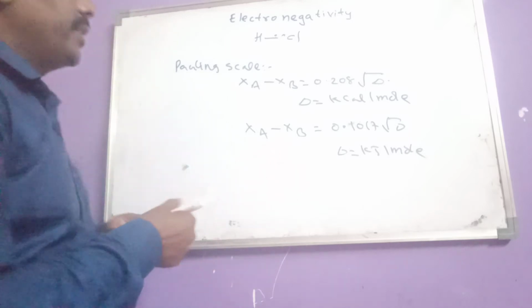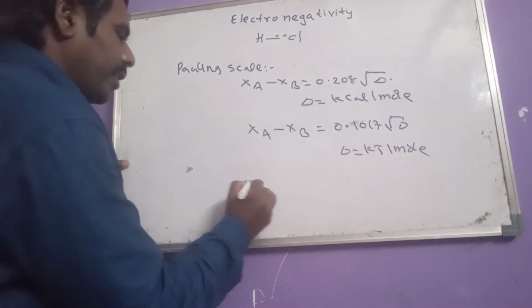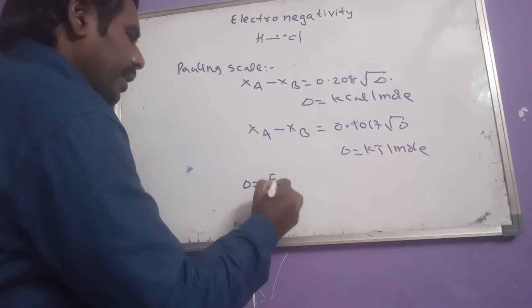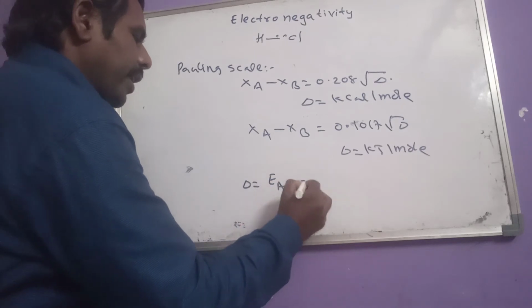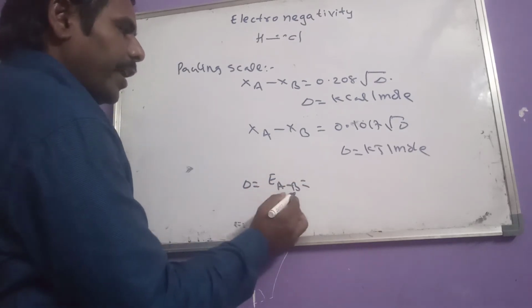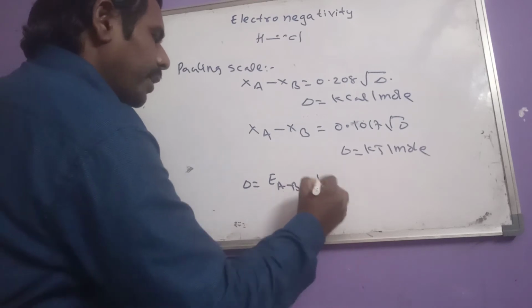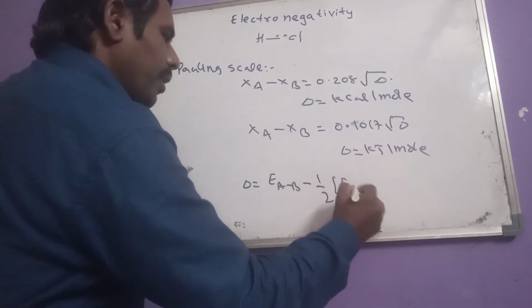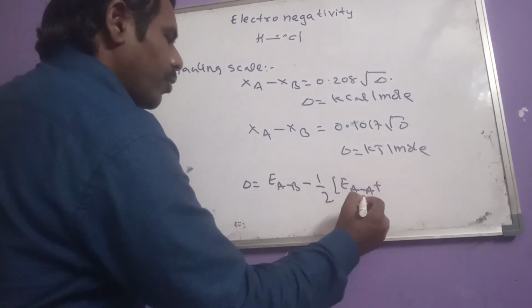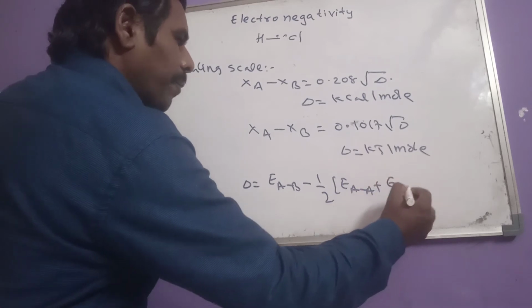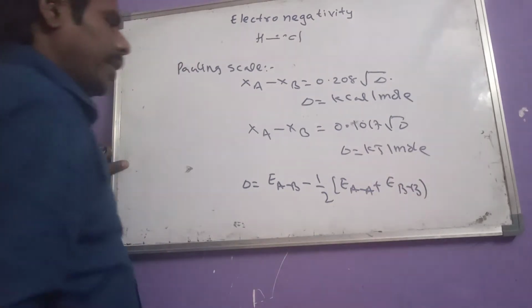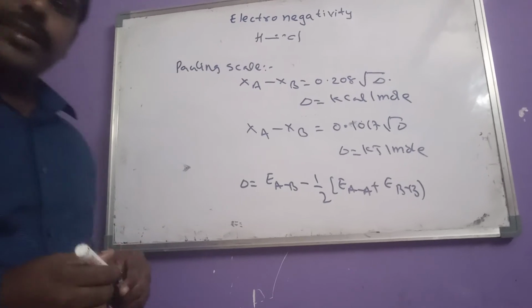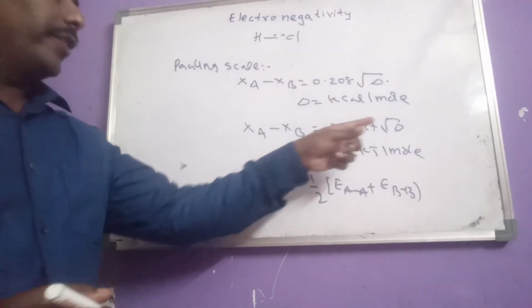So now, what is the delta value? How to calculate it? Delta equals EAB, that is the bond energy of the AB molecule, minus half into the bond energy of the A2 molecule plus the bond energy of the B2 molecule. So this is the method to calculate which one?